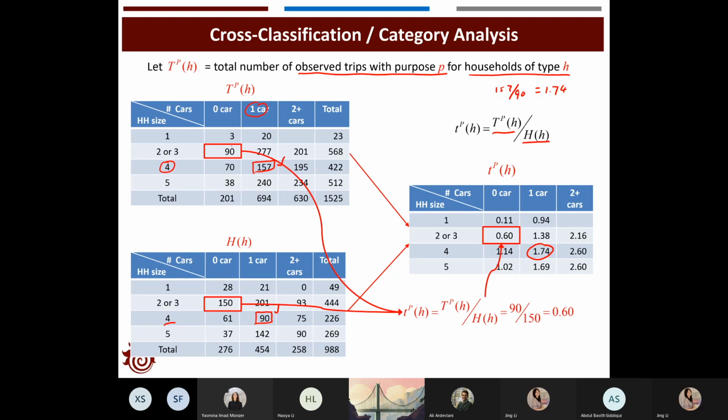For example, for this category, household size of 2 or 3, 0 cars, with the number of trips as 90 and the number of households as 150, you get a value of 0.6. You apply this equation for all the cells, then you can find the trip rate for all the cells. And that will be done for the cross classification analysis.